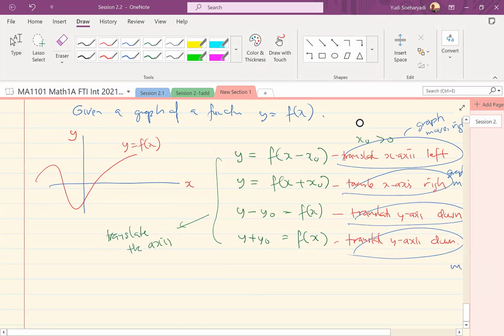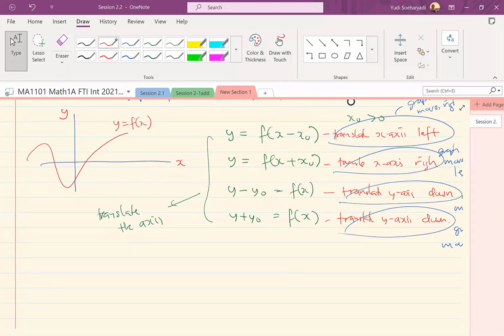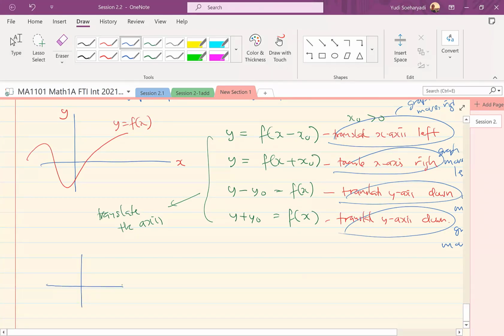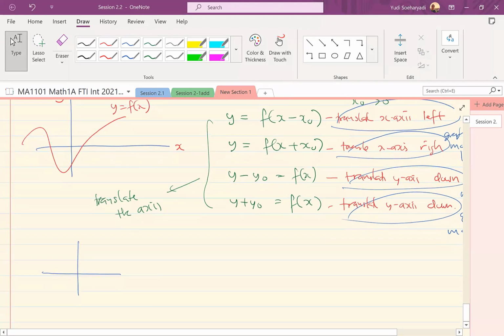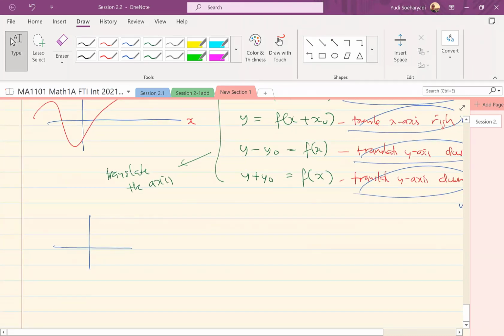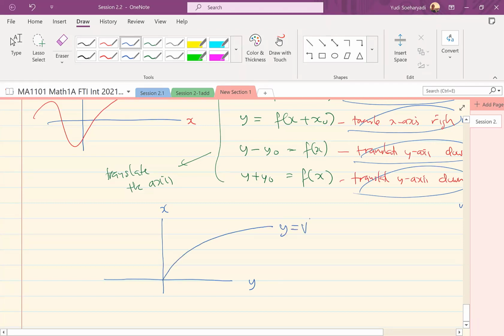So let me give you just an example here. Let me get something slightly bigger. Okay, so this is y equals square root of x.